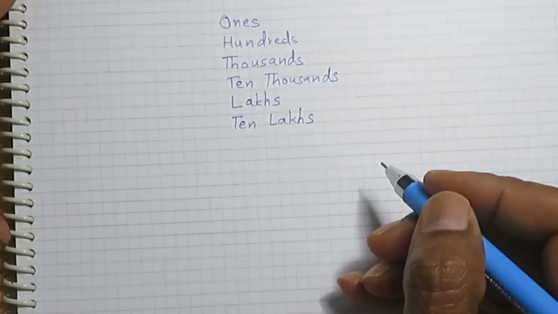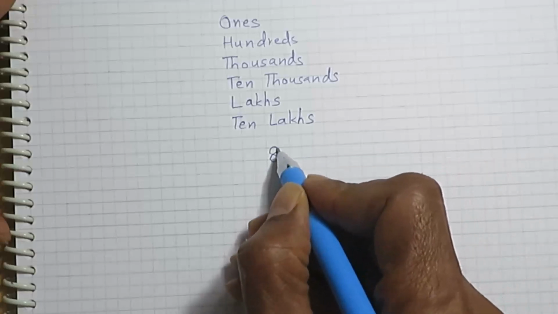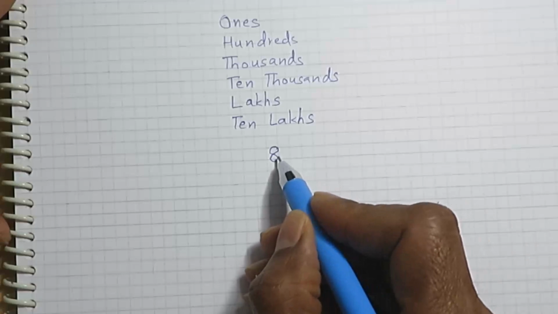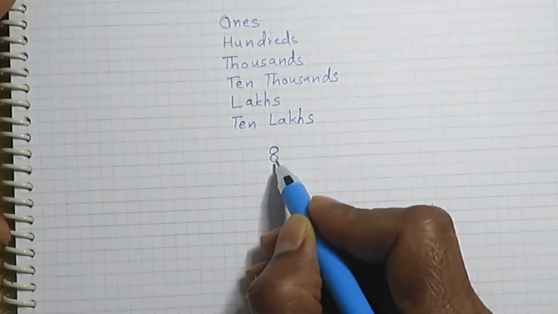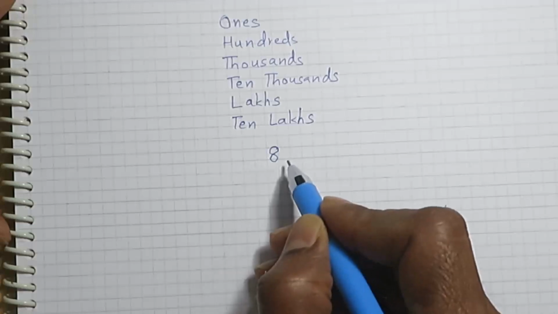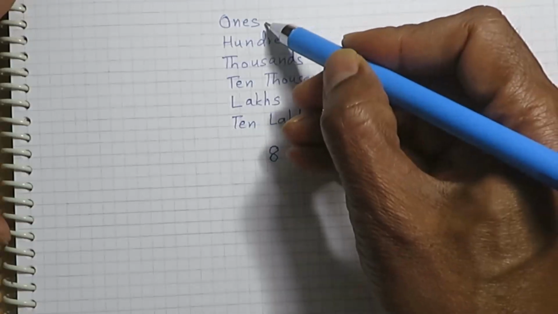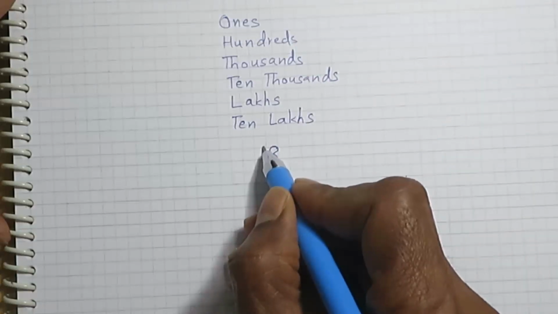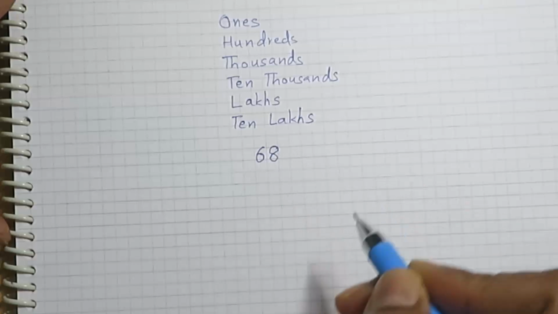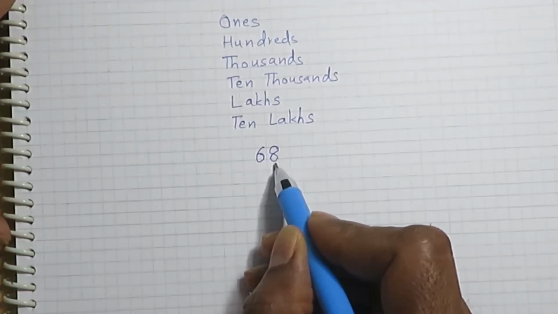So for example, if I give you the number 8, 8 has got only one digit. Digits are from 0 to 9, so this is a single digit. So this is ones. But if I write 6 in front, now this number is not a single digit.